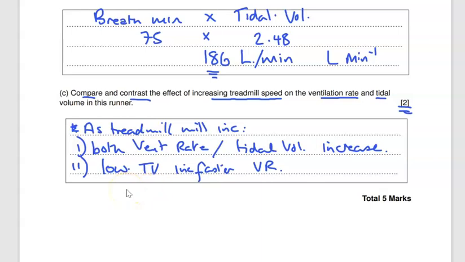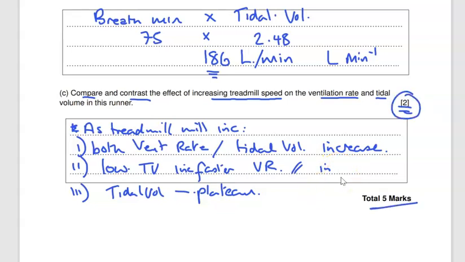I also noticed, and you may have picked up this one as well, that the tidal volume actually seems to have a plateau. So you may choose to put one of those in. With this one, you could do the reciprocal of that as an argument as well. So 2 of those will take us to the final 5 marks of this question.